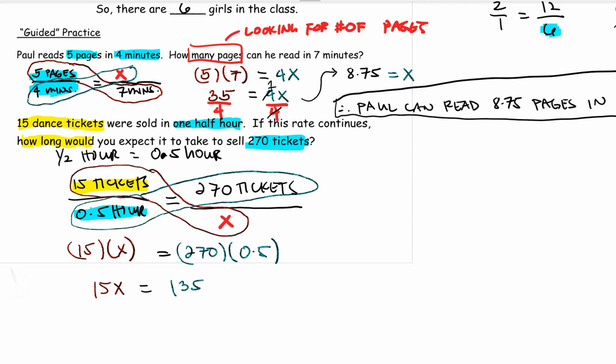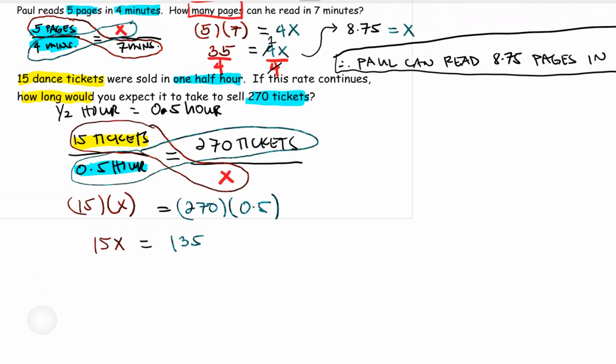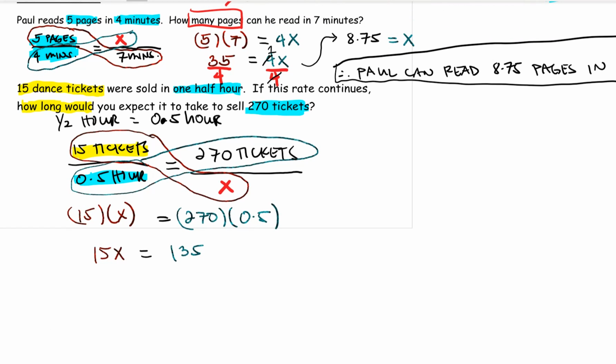Okay. So you can choose any of the three methods to solve for that equation, or you can go directly to the third way, wherein I'm just going to solve for x by dividing both sides by 15.